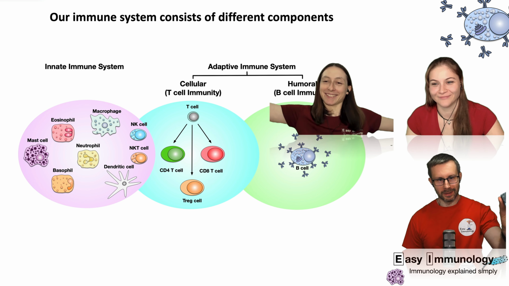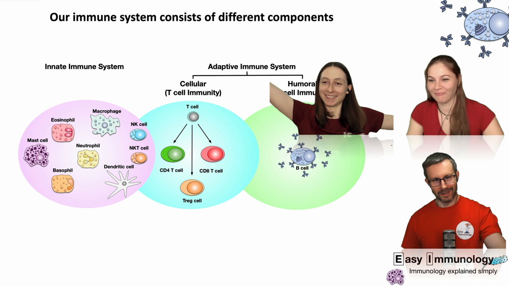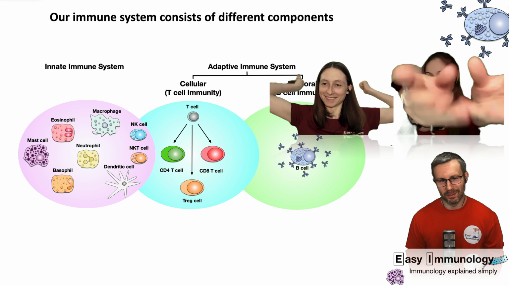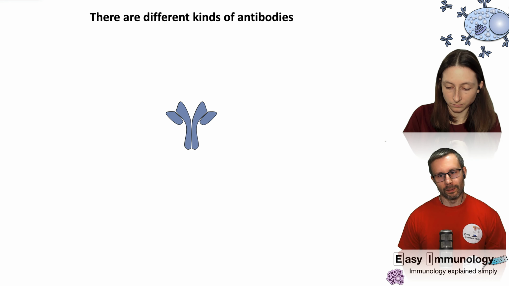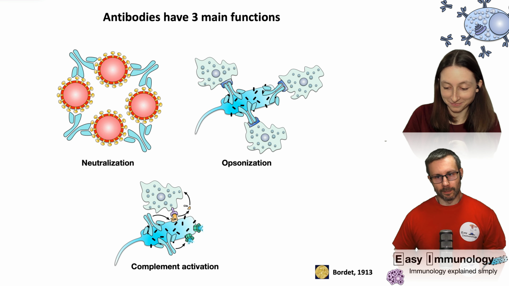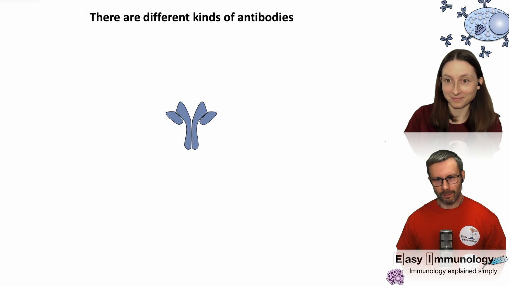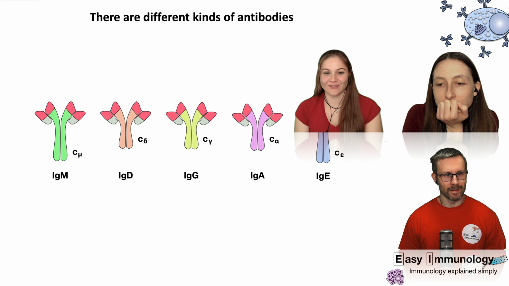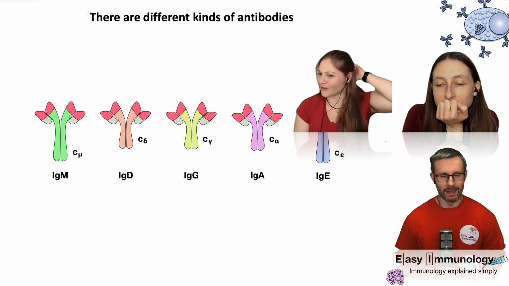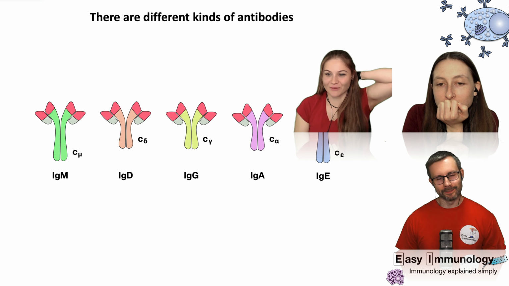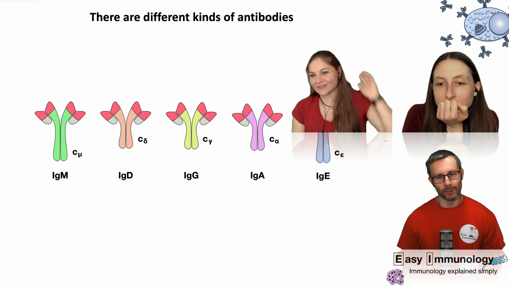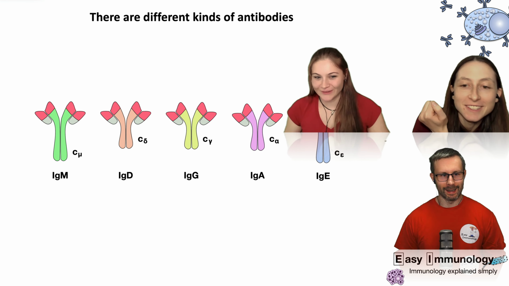Basically, if you have an infection, you make an antibody that is good to neutralize the pathogen. I don't think it is then clear that IgM is the first one, because it looks like IgE.